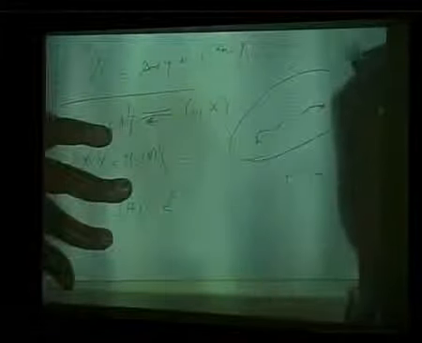Here is the collection of all matrices. Inside here I have this curve f. What is f of 0? f of 0 is the identity matrix. And f of 1 is the matrix e power x.